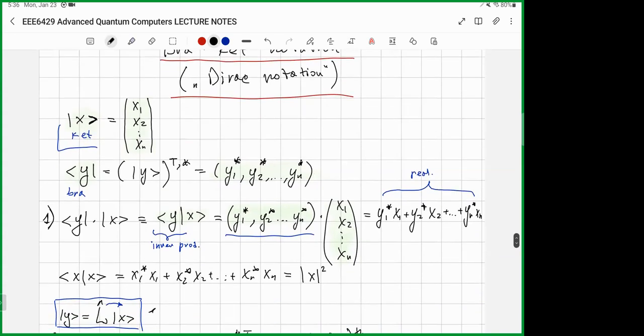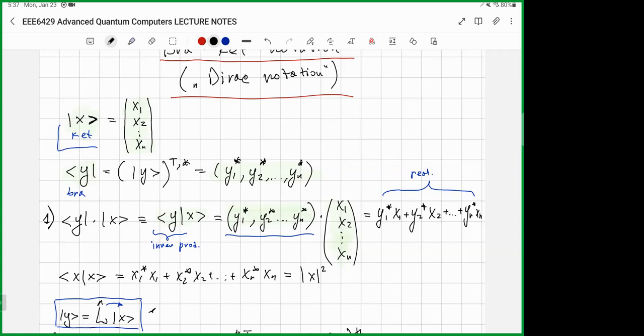Any single vector can be written in the bra and ket representation. It will be exactly the same vector, written in the form of a ket and in the form of a bra.